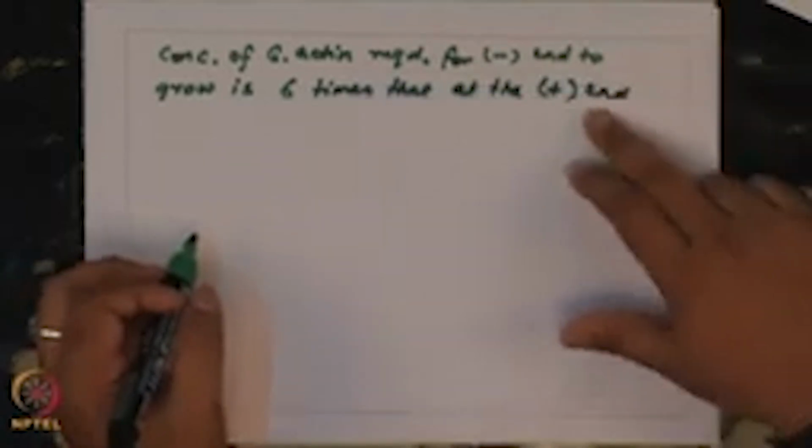Because for a filament to grow at the plus end, you need a critical concentration of 0.1 micromolar, versus for the filament to grow at the minus end, you require 0.6 micromolar. So, you require a 6-fold higher concentration.